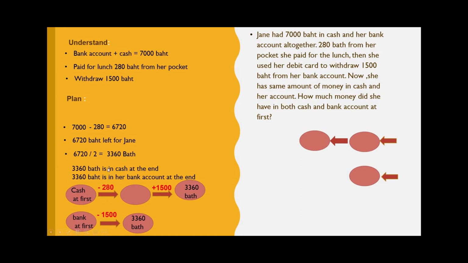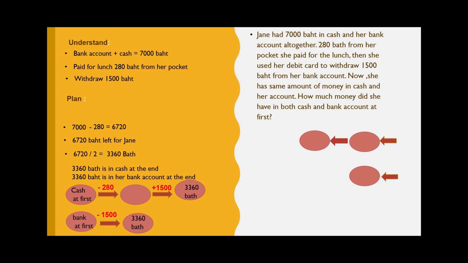The answer is 3,360 baht is in cash and 3,360 baht is in her bank account. Now we need to answer the question, how much money did she have in both cash and bank account at first? For solving this problem, again we need to move backward. So now she has 3,360 in her pocket, right?